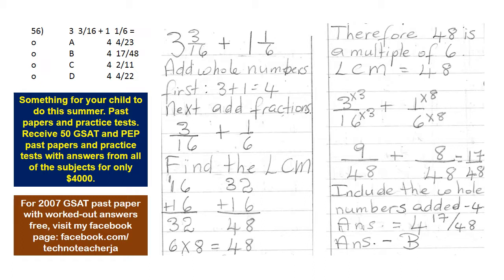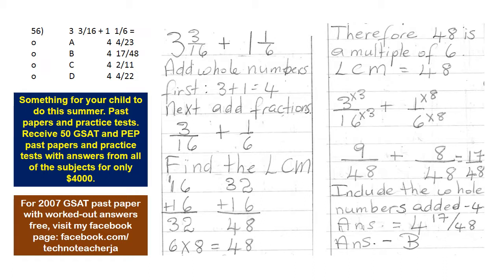Next, turn the fractions into equivalent fractions with the denominator of 48. 3 over 16 plus 1 over 6. 16 times 3 is equal to 48.